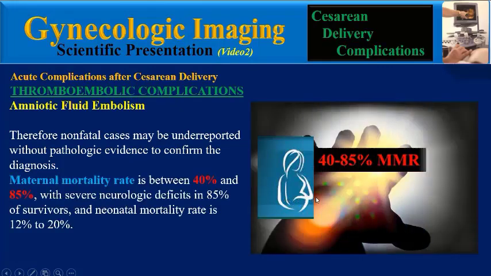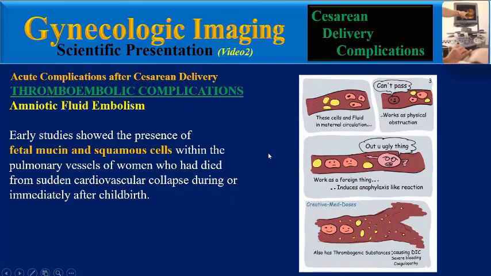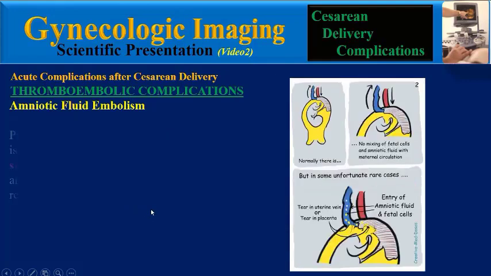Maternal mortality rate is between 40 and 85%, with severe neurologic deficits in 85% of survivors, and neonatal mortality rate is 12 to 20%. Earlier studies showed the presence of fetal mucin and squamous cells within the pulmonary vessels of women who had died from sudden cardiovascular collapse during or immediately after childbirth.